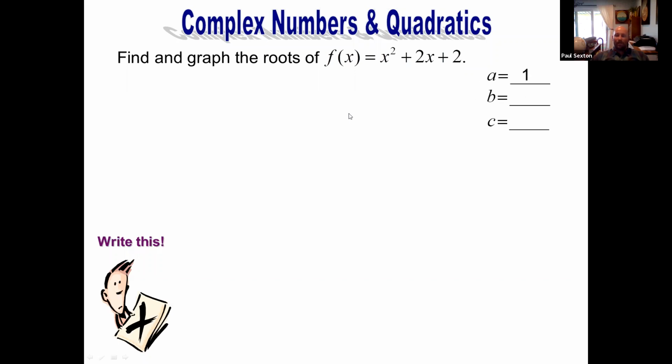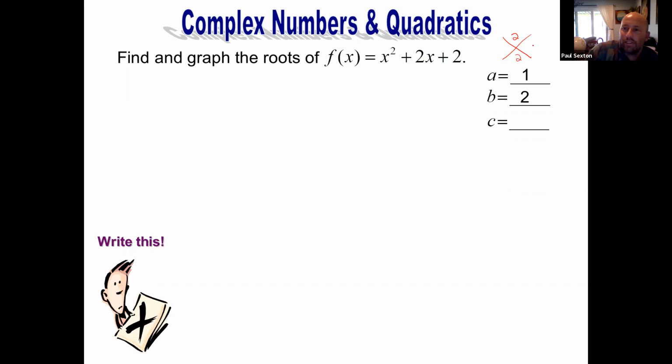So our first step should be to try to X factor, but it's not going to work. A times C is 2 and B is 2, and we need two numbers that multiply to 2 and add to 2.